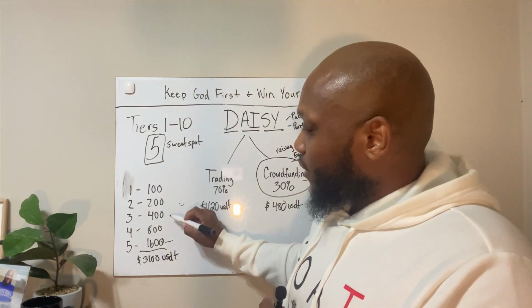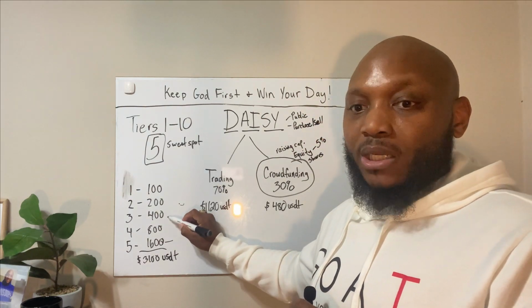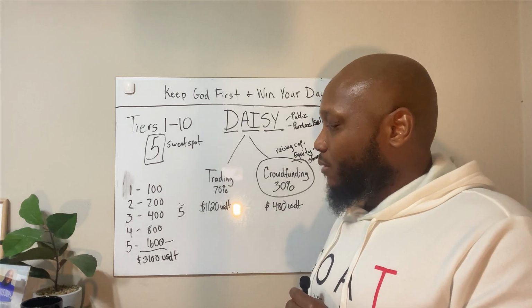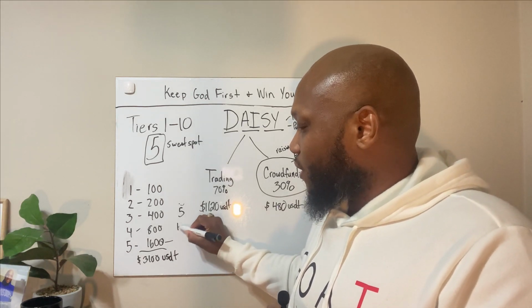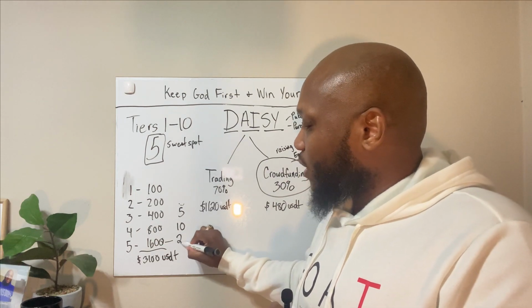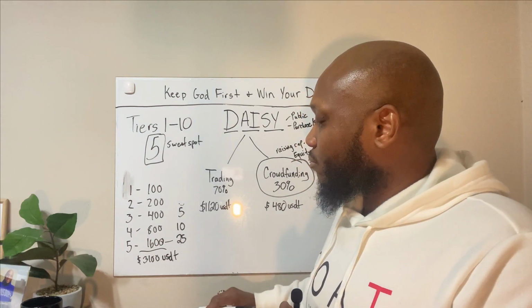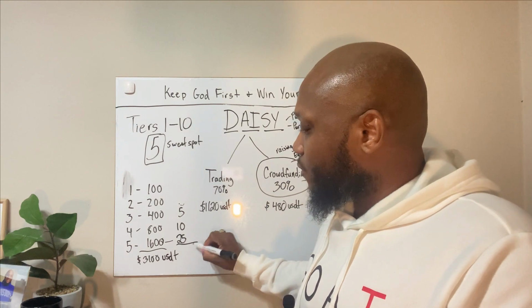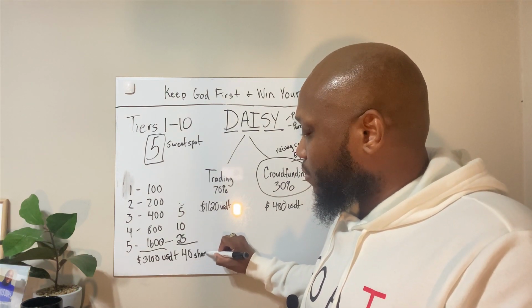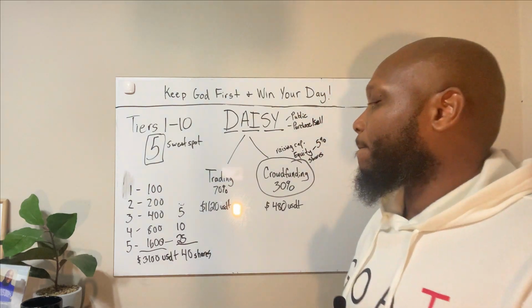So you start getting shares at tier 3. You get 5 shares at tier 3, you get 10 shares at tier 4, and you get 25 shares at tier 5. So cumulatively, that's 40 shares. Okay.